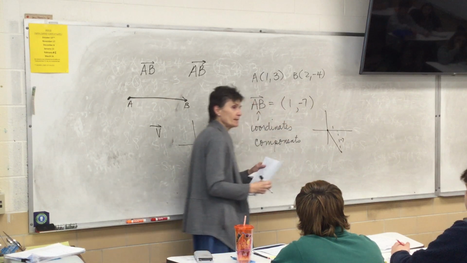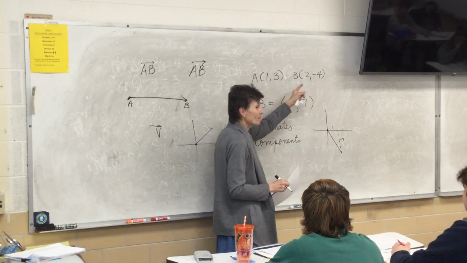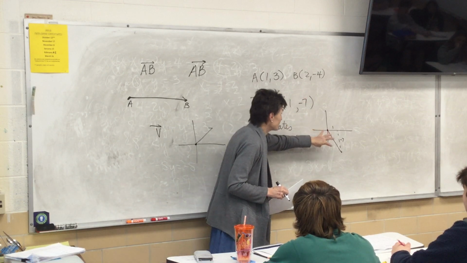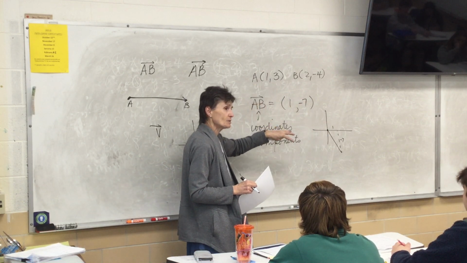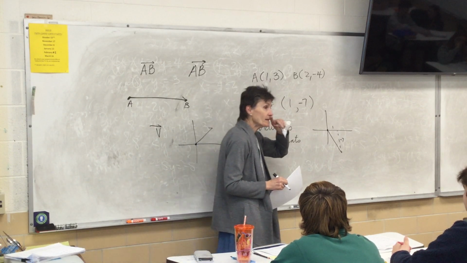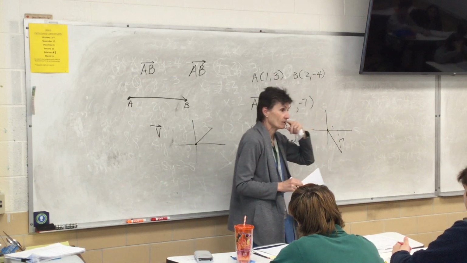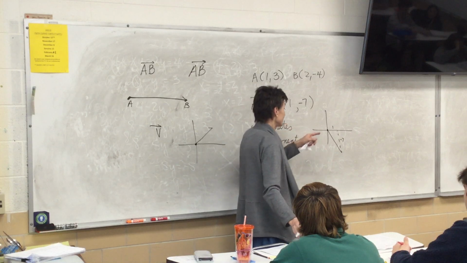Now I know what you're thinking: but wait, Mrs. Ford, you gave me a point A and a point B, so shouldn't this vector be sitting somewhere else? Would that change it if I put it somewhere else? What makes a vector unique is its direction and its length. So I can put this anywhere I want.